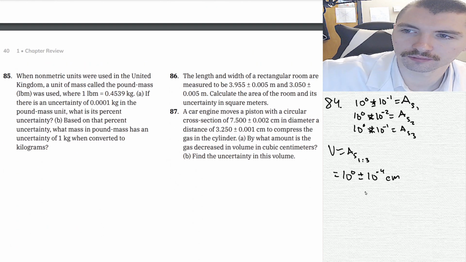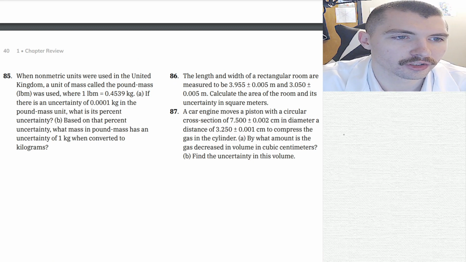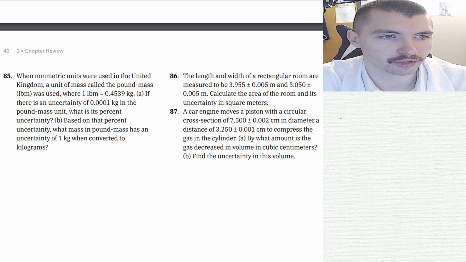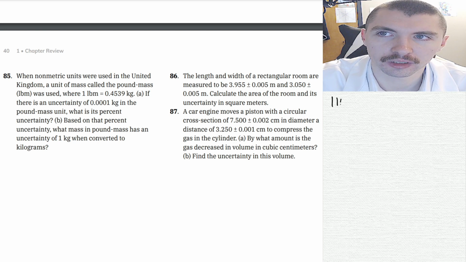85. When using non-metric units, we're using the United Kingdom. The unit of measure, a unit of mass called the pound mass was used. Okay, so 1 pound mass equals 10 to the 0.